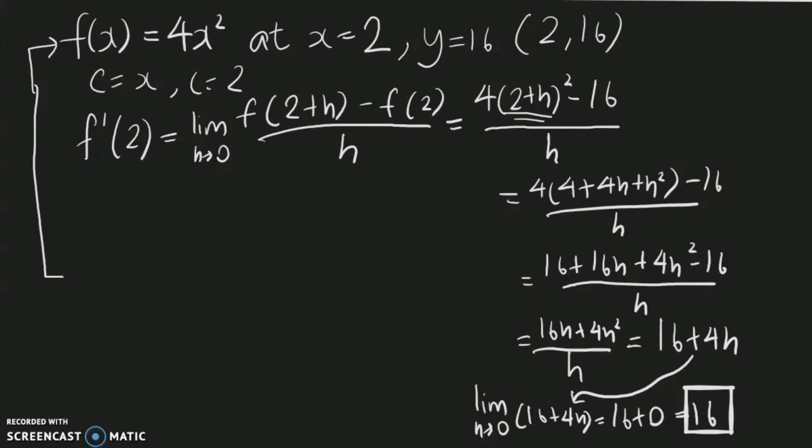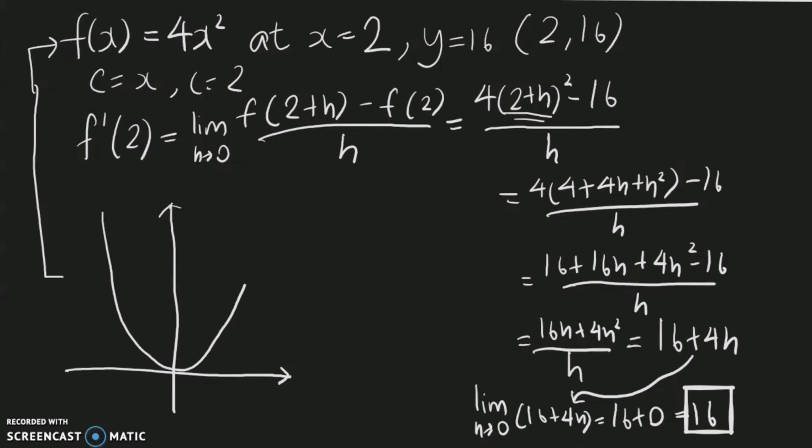Let's say we have the graph. I could draw 4x squared, but that would take a bit longer, so I'm just going to draw y equals x squared. It's a simple parabola, and it passes through the origin. Now let's take any point on the graph. Let's take 1, let's take 2. Okay, fine, for the sake of this example, let's take perhaps 3.